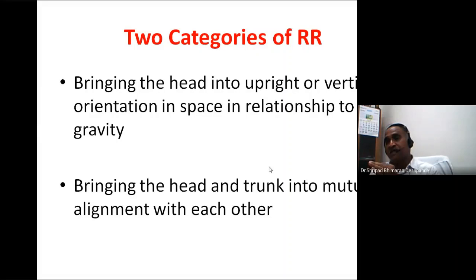That means the neck, trunk, and the limbs should be in alignment, a longitudinal alignment. So bringing the head upright along with the alignment of the trunk to the head level. Those are the two important aspects of the righting reflexes.